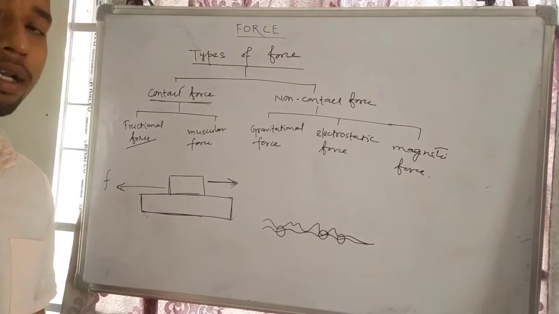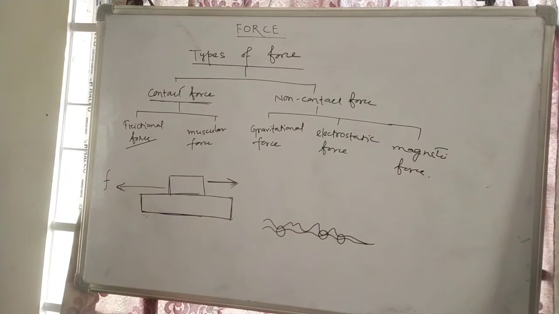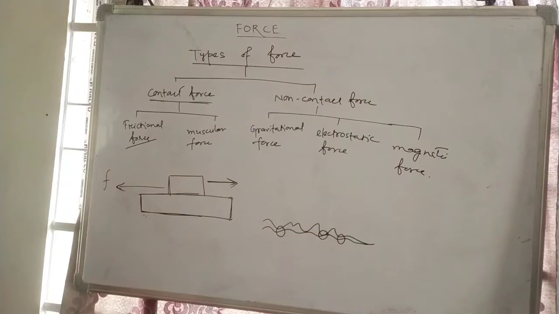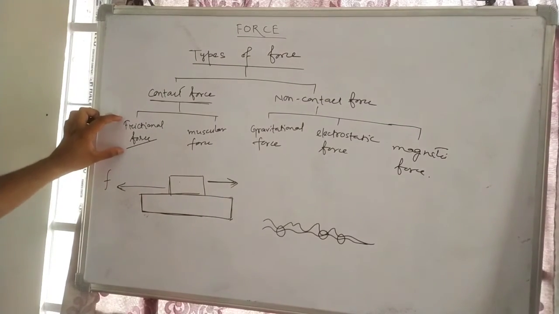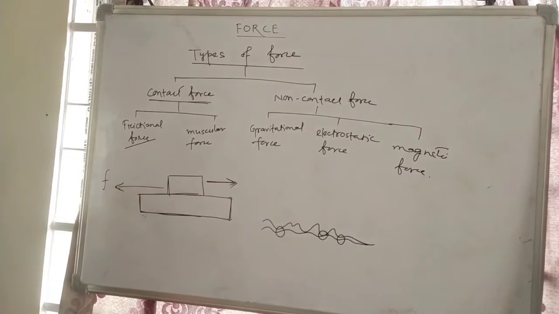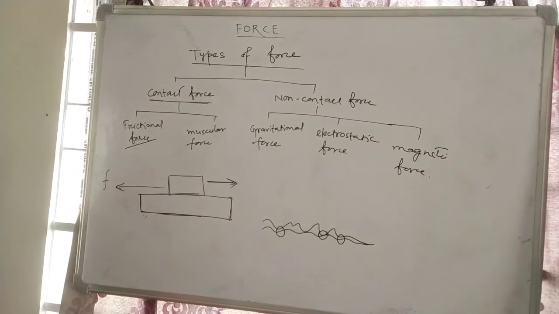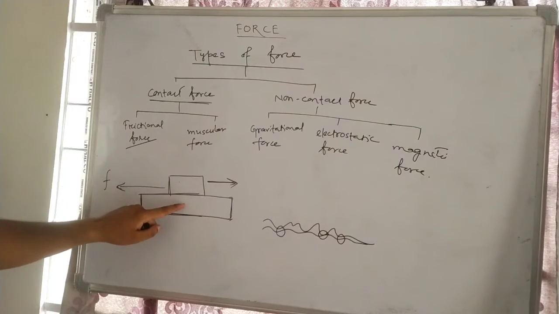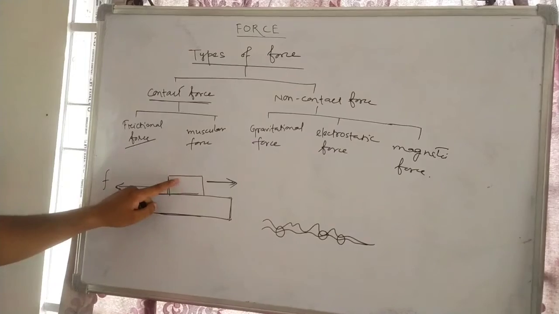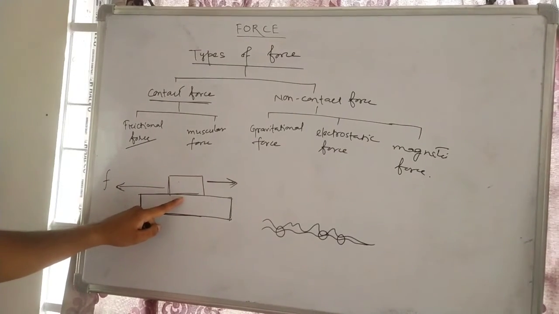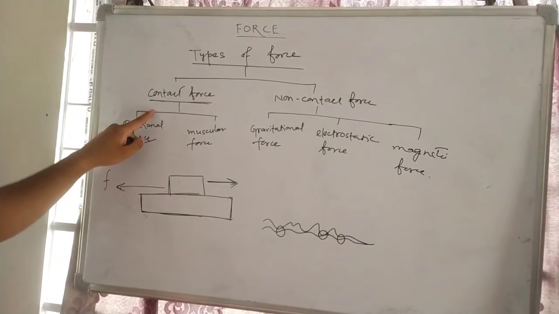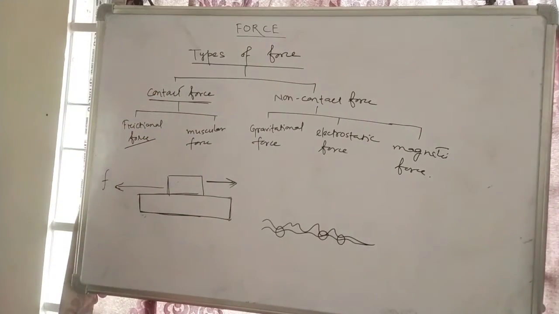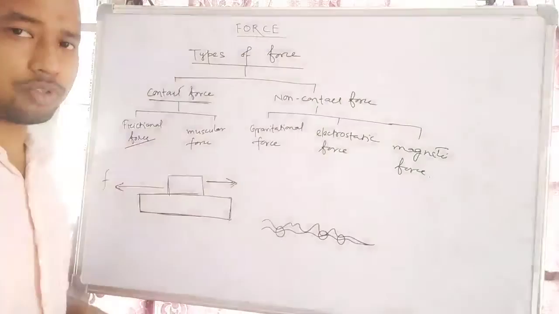It always acts in the opposite direction of motion of the body. For frictional force to come in action, these two bodies must be in contact. If there is no contact between these two bodies, there will be no frictional force. Frictional force will come only when these two bodies come in contact, and that is why it is a type of contact force.